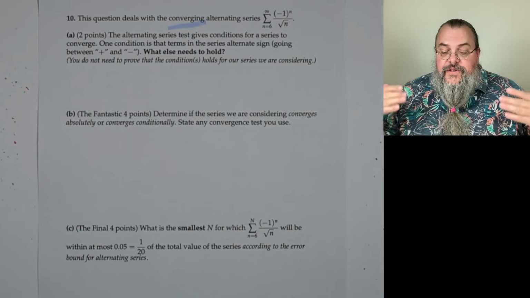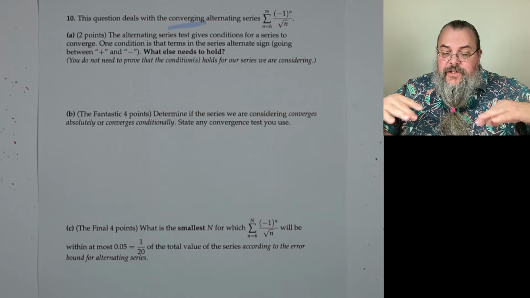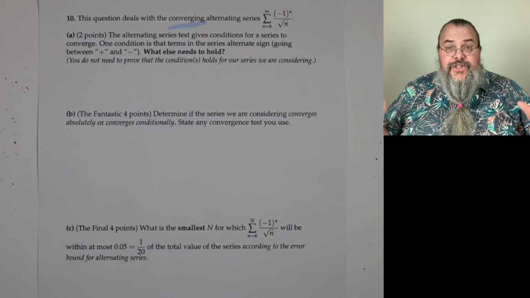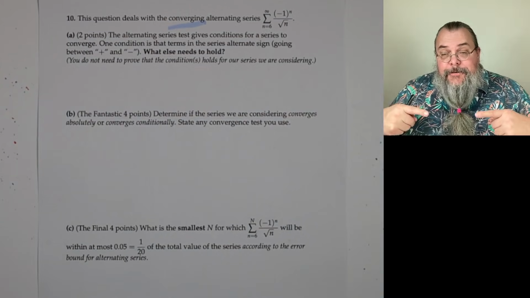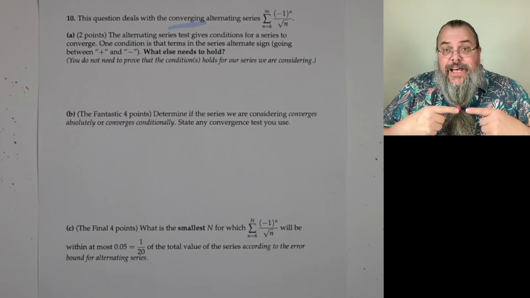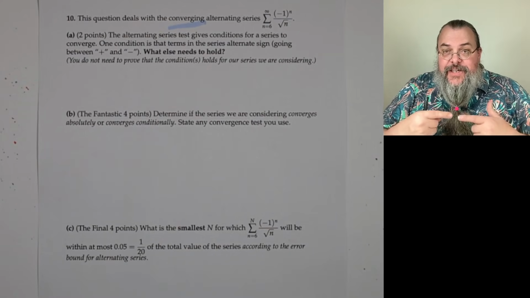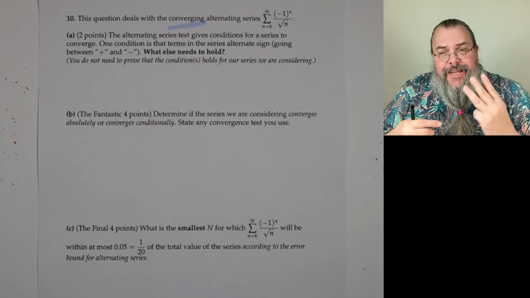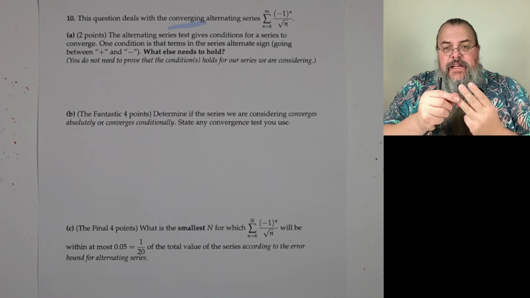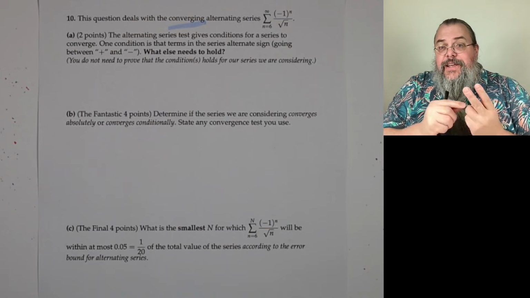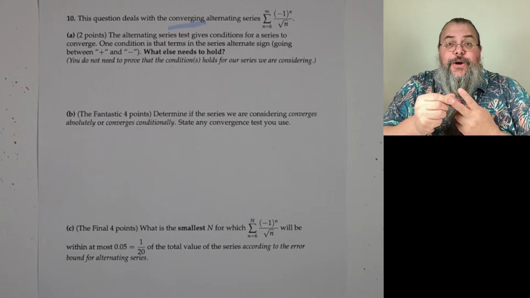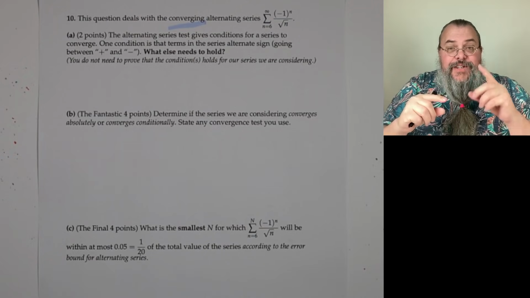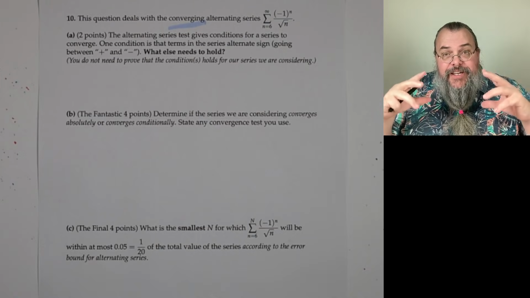What else needs to hold? Now, this is a generic question. It's asking, do you understand what the alternating series test is? The alternating series test technically gives 3 things that need to be true. It needs to alternate. We also need the rest of the terms to shrink in size, but they also need to shrink to 0.